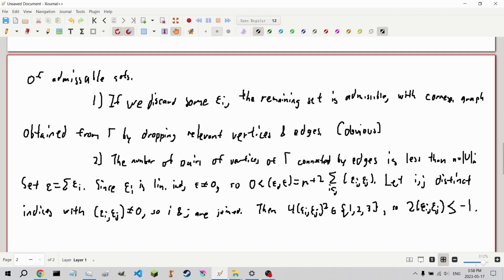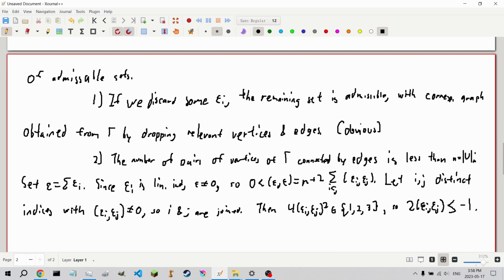So the number of edges, thus the number of joined pairs, is at most n-1.